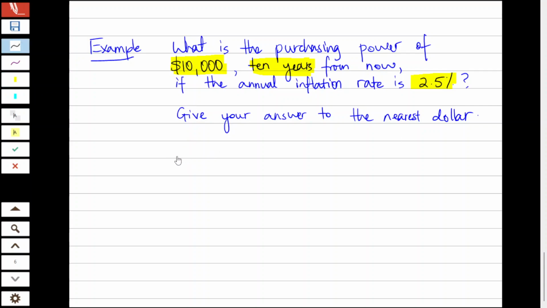So this time I have some unknown number, which I will call P. P times (1 plus 2.5 over 100) to the power of 10 equals 10,000. Notice that now the unknown value is the number that's being increased. Before we calculated this number, now we have to do the other number.